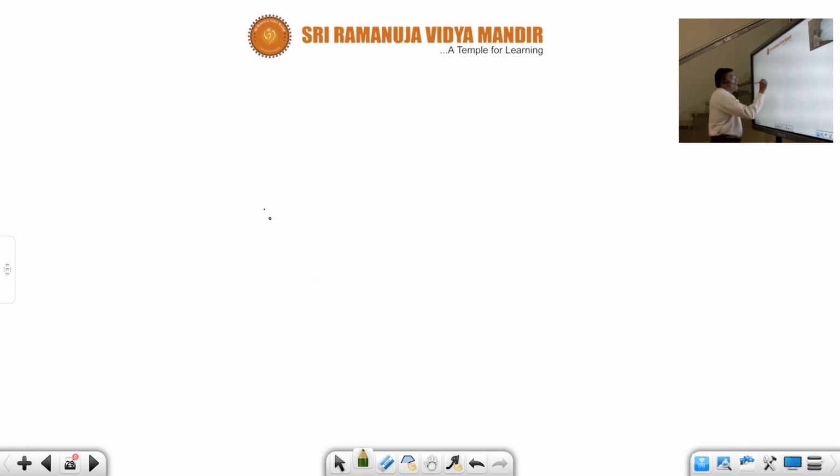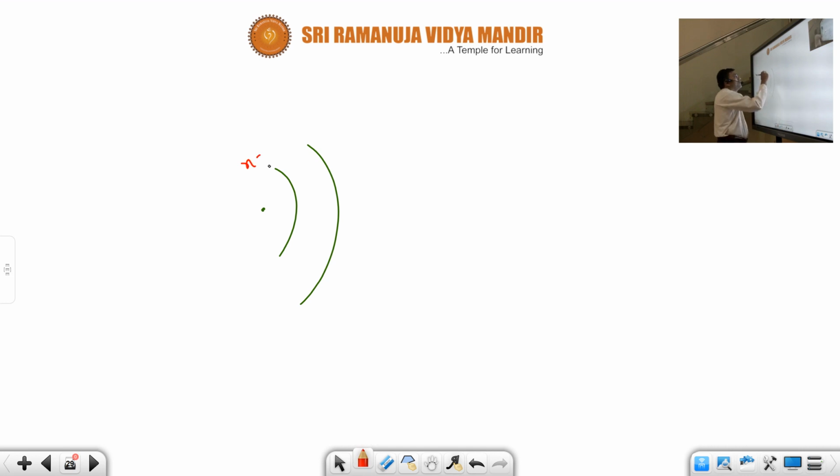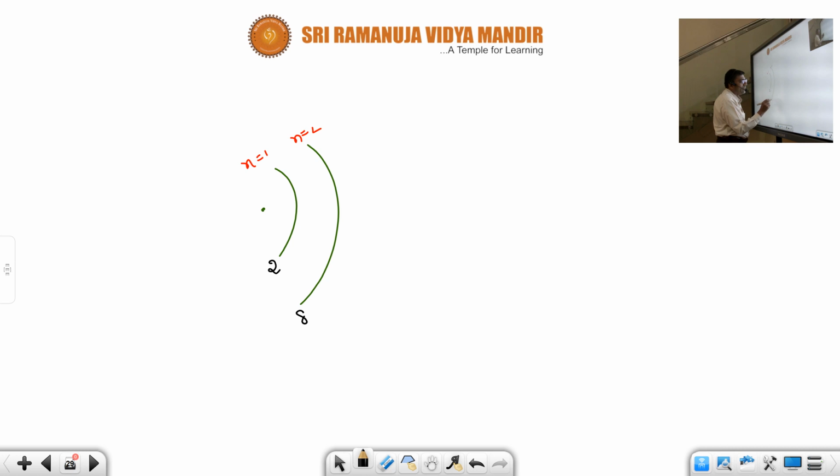Have a look here. In the first orbit, n is equal to 1. This is n is equal to 2. In the first orbit, how many electrons are accommodated? 2 electrons. In the next orbit, 8 electrons are accommodated as per the formula. The formula for number of electrons is 2n square.